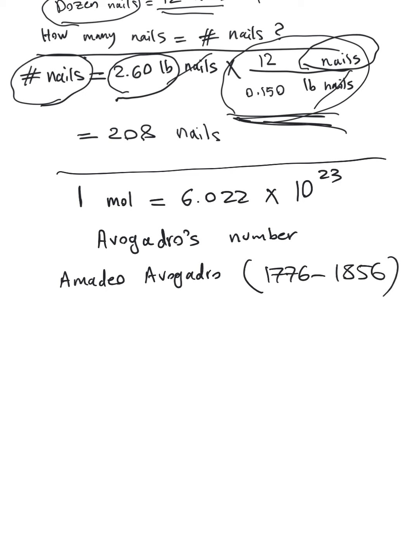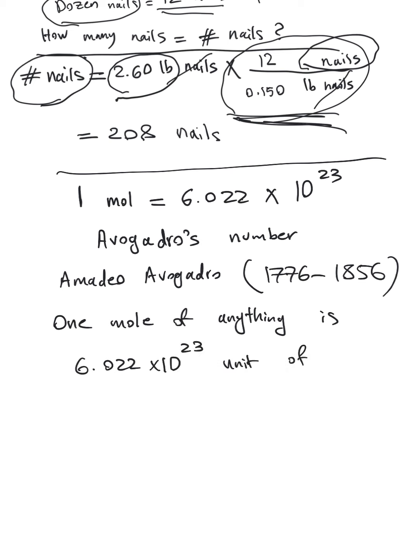So 1 mole of anything is basically 6.022 multiplied by 10 to the power of 23 of that thing. Basically, 1 mole of anything is 6.022 multiplied by 10 to the power of 23 units of anything.